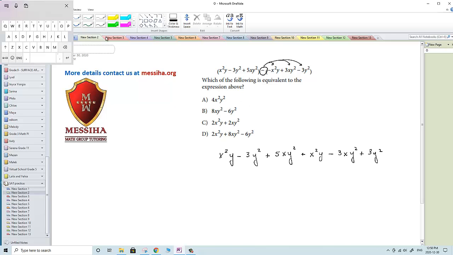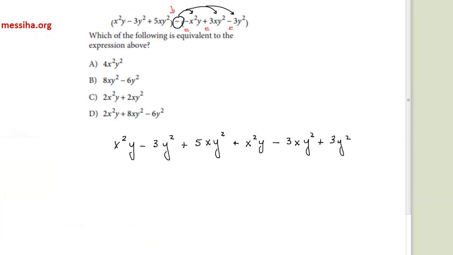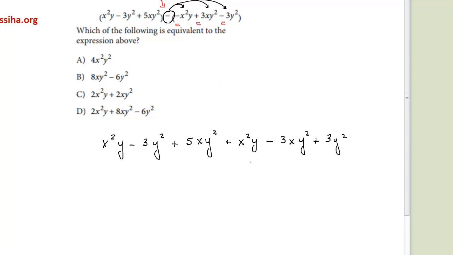You will notice something very important here. When I'm distributing this negative sign, it changes the sign of each term in the second bracket. So the negative became positive, the positive became negative, and the negative became positive. This is the effect of the negative sign.